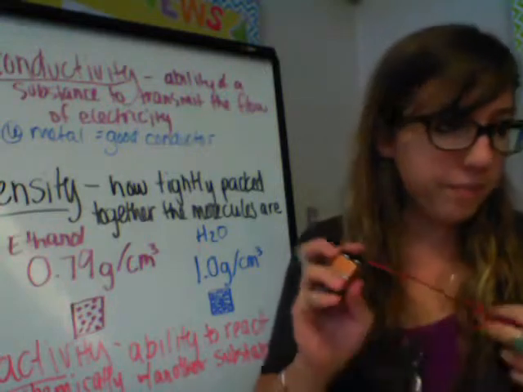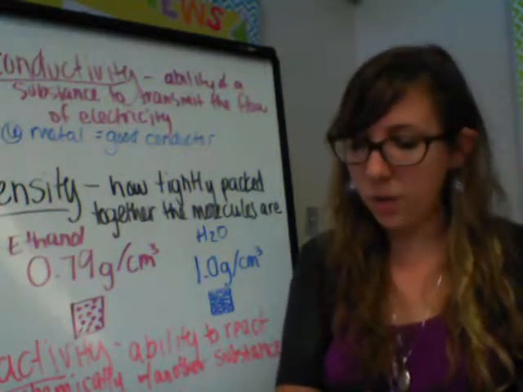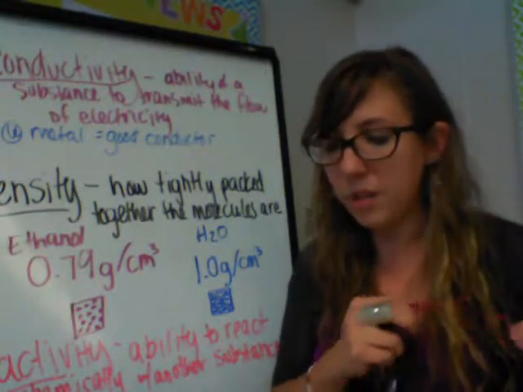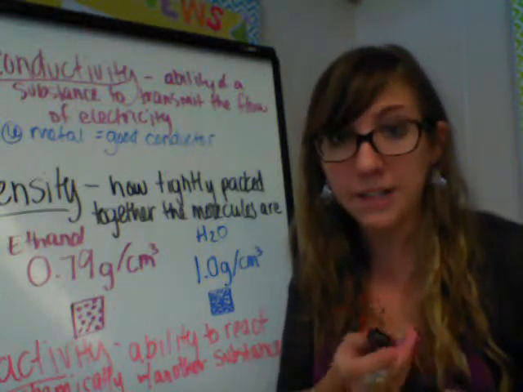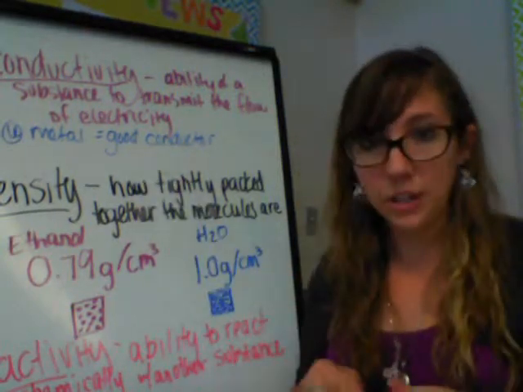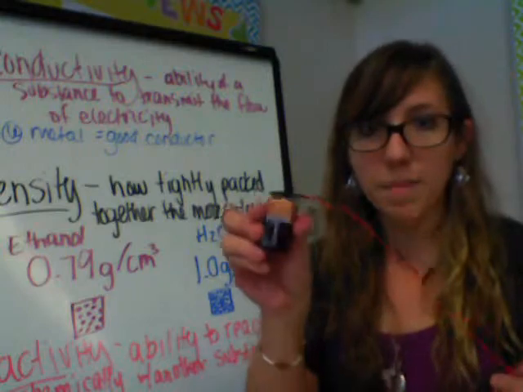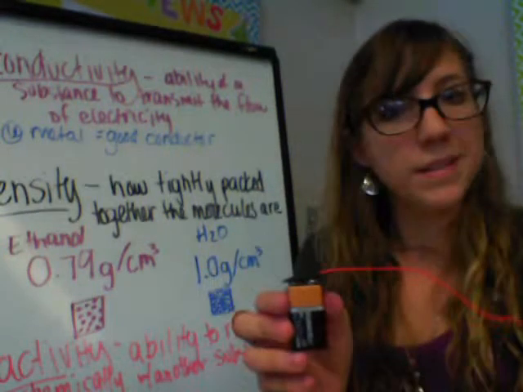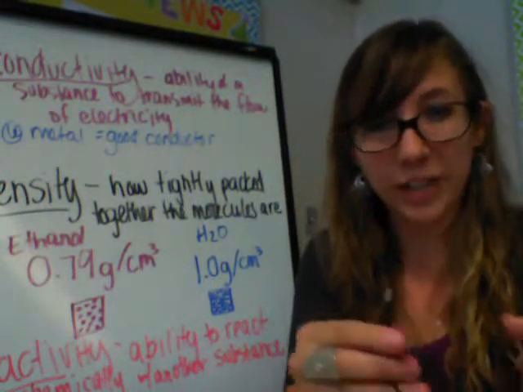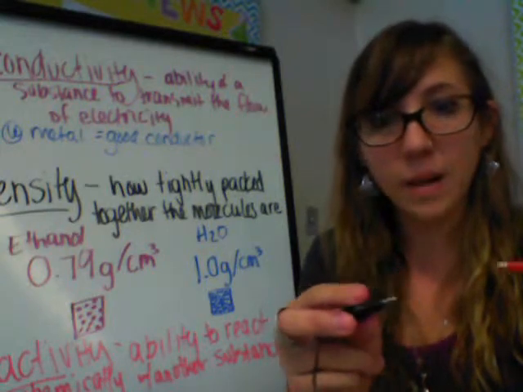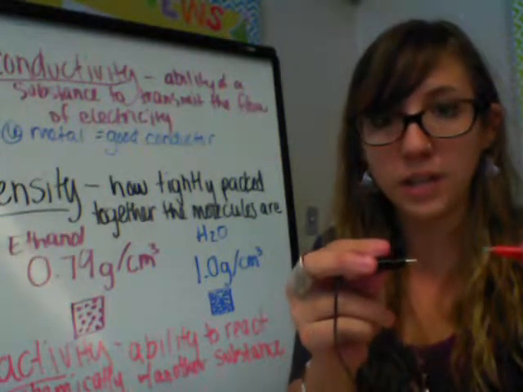The first thing that you are going to do is test the electrical conductivity of each substance. What you have here is a battery, and you're going to create a connected circuit and see if the substance transmits the electricity.